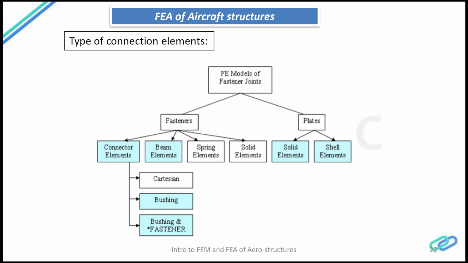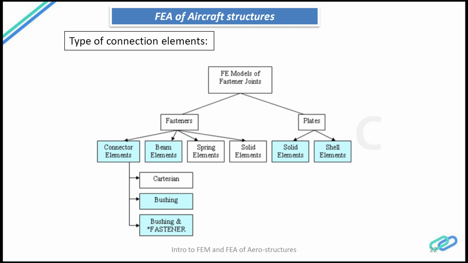The FE model of the fastener joints has a couple of categories: one is fasteners and the other is plates. Sometimes it is modeled using fastener elements, which are typically beam elements, spring elements, and in very rare cases solid elements, sometimes using plates, solid and shell elements.